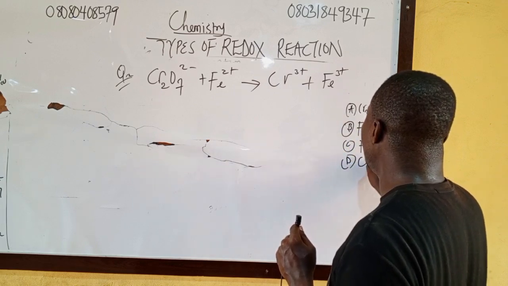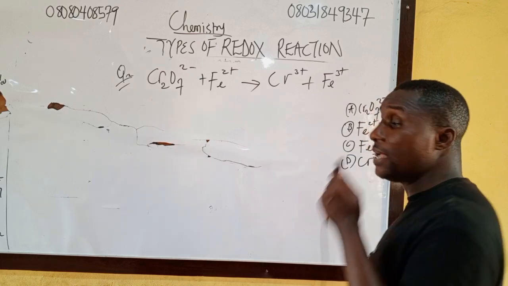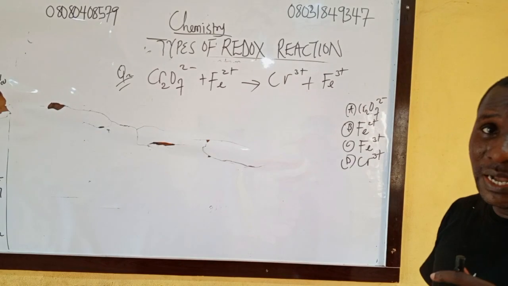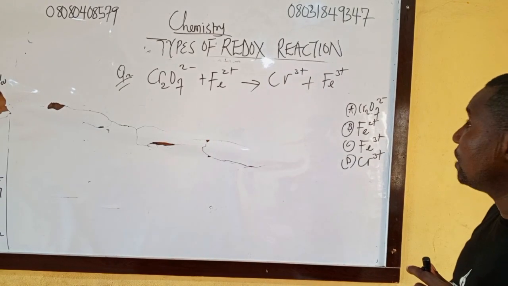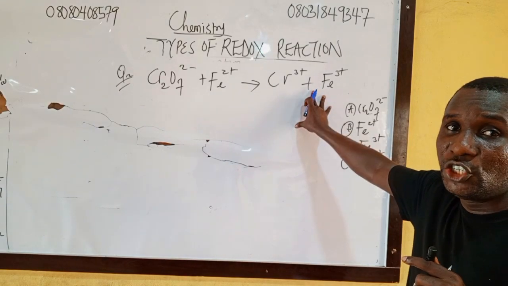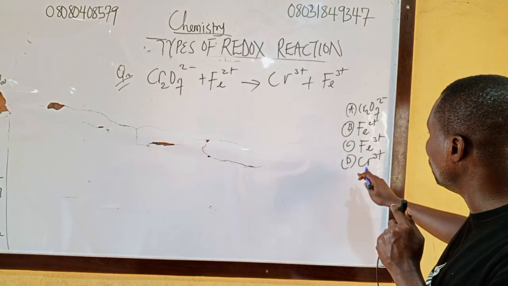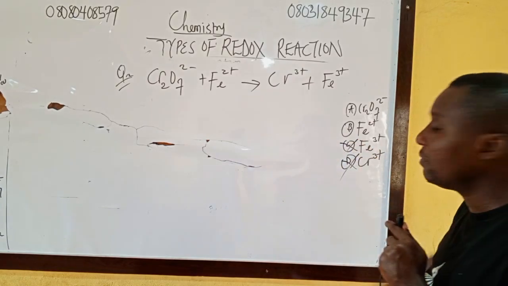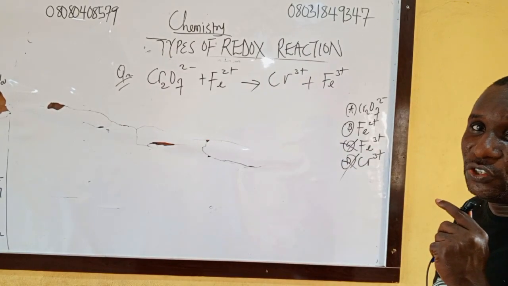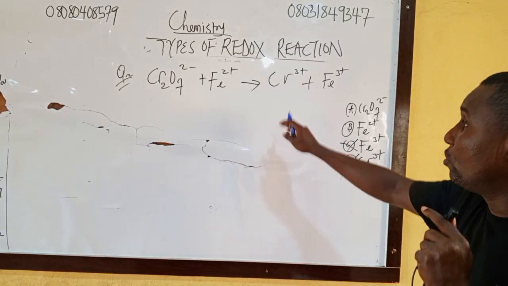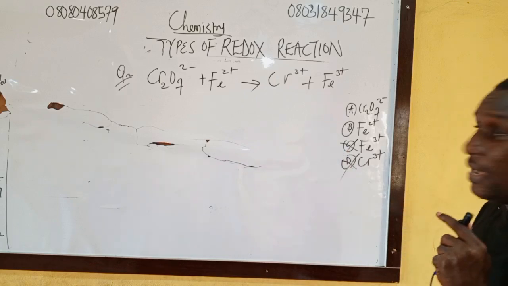D: Cr3 plus. Identify the oxidizing agent. Take note, the oxidizing agent and reducing agent can never be on the product side. Then these two can never be the answer.